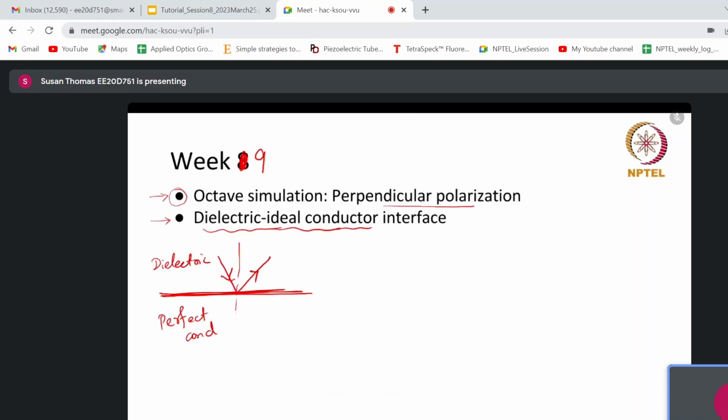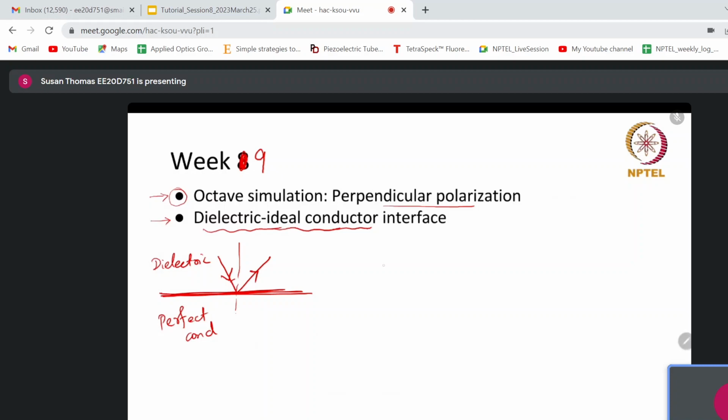So before moving to the sample problems, let me just give a brief intro to this particular interface. So let's refresh the concepts of the direction vectors, and also the electric field and magnetic field vectors.